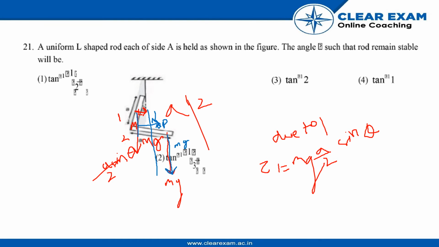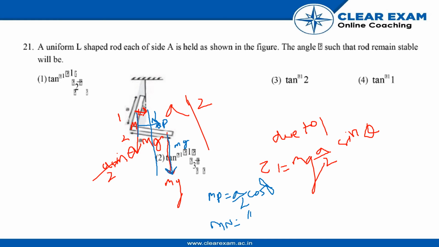So now I have drawn the second rod. Here we suppose this mg, obviously, acts downwards, and now we will see the projection from M to P and from M to N. So for M to P, it will be A by 2 cos theta, and for MN we will have A by 2.